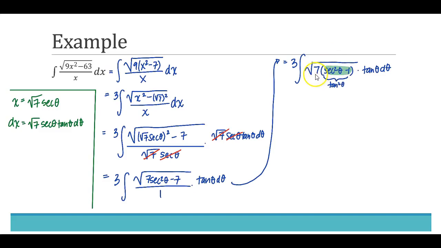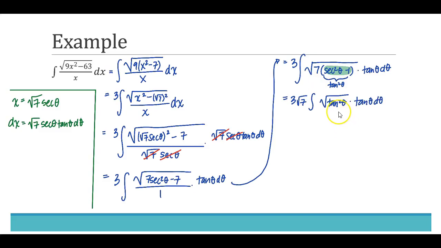And then here, I'm going to take the square root of 7, which isn't a perfect square. We're just going to have the square root of 7 multiplied by the 3 in front. And then I'm going to have the square root of tan squared theta times tangent theta d theta.